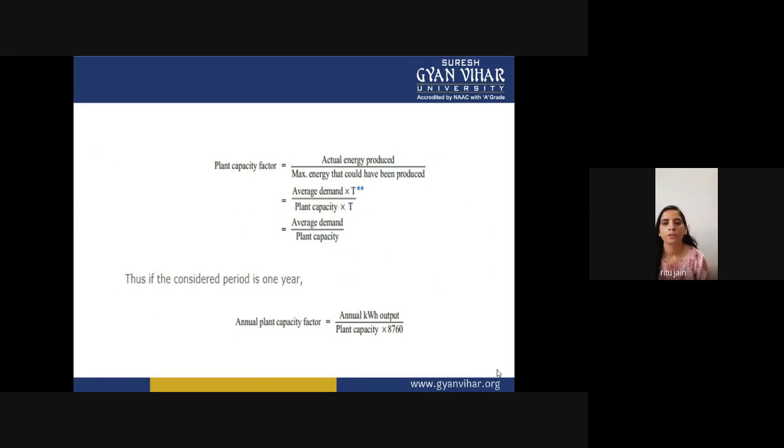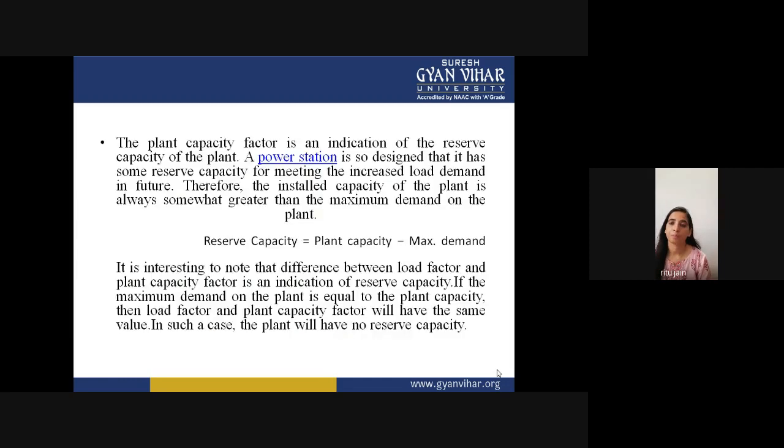Basically, you can define that the rated capacity of a plant is suppose 500 megawatt, but it is producing only 400 megawatt. So this is your plant capacity factor.